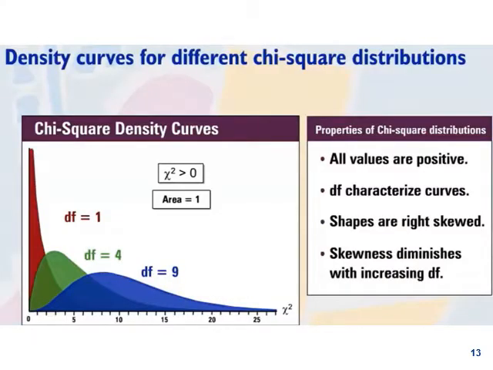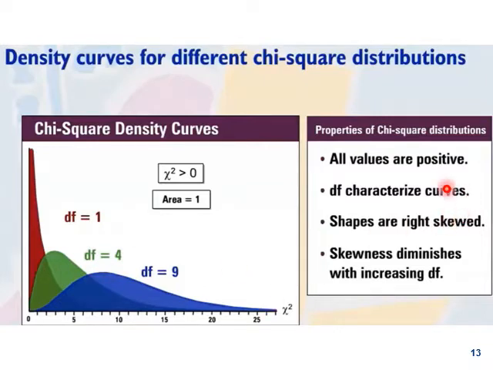As we know, chi-square values are always positive, so the chi-square density curves look like this. They are mostly skewed. If the degrees of freedom are small, the density curves are very skewed, and as the degrees of freedom increase, the distribution moves toward the normal distribution.